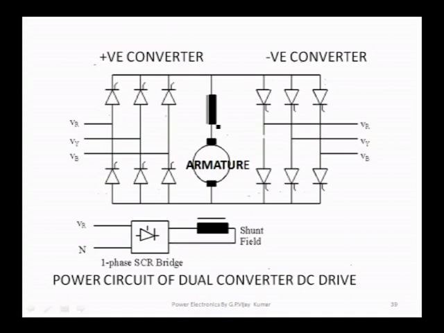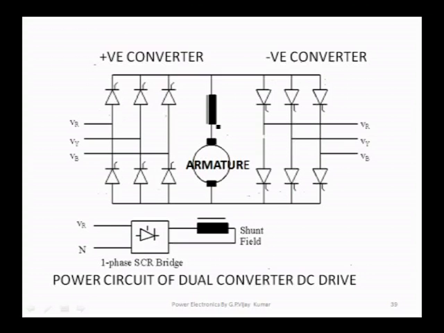This is an application of dual converter in DC drives. Of course, we have used a 3-phase supply here. This shows how you use a dual converter for DC drives. If you want to reverse the direction of rotation, you can use this type of converter.